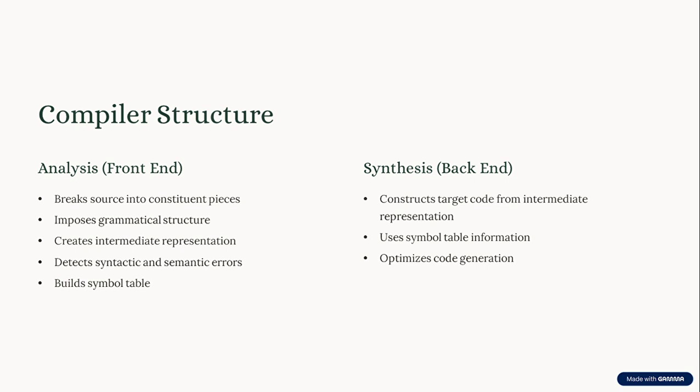Whereas the synthesis phase includes constructing the target code from the intermediate representation, using symbol table information, and optimizing the code generation. So these are the two parts of the phases of a compiler. The first one is the analysis part and the second one is the synthesis part.